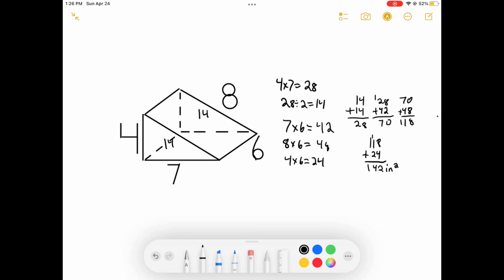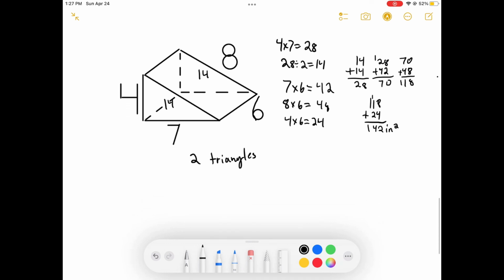Now, when doing the triangles, since you have two triangles, there was no need to divide by 2 and multiply by 2, because they cancel each other out, as you see.